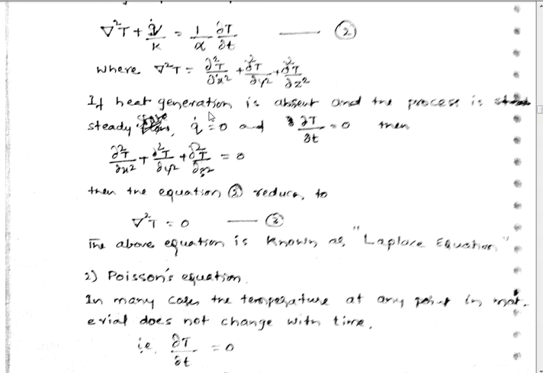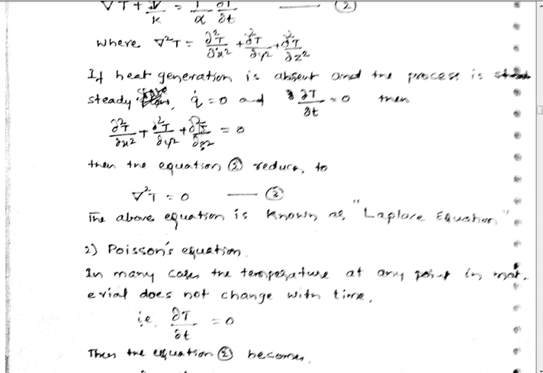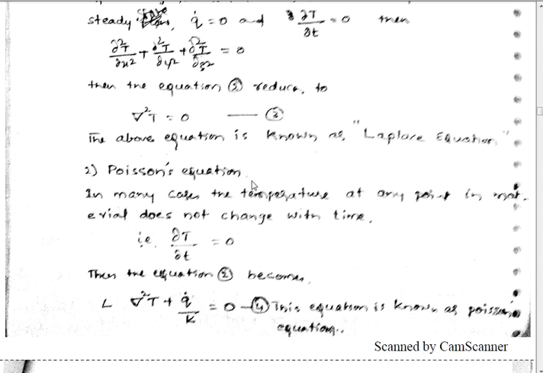If heat generation is absent and the process is steady, then in this equation q dot is equal to 0 and dou T by dou t is equal to 0. Then we can write this equation as dou square T by dou x square plus dou square T by dou y square plus dou square T by dou z square is equal to 0, or this equation reduces to del square T is equal to 0.